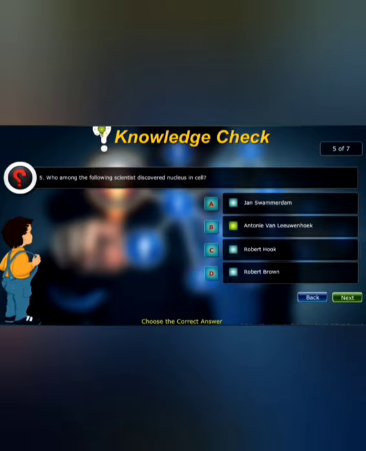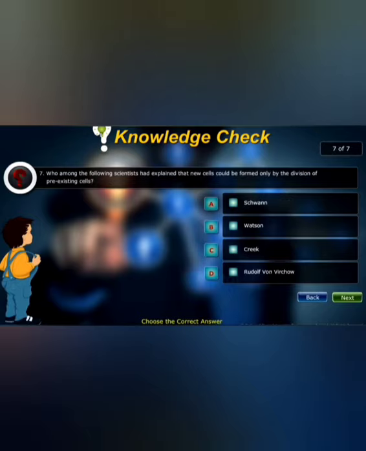Who among the following scientists formulated the cell theory? Option A. Schleiden and Schwann. Option B. Schwann and Watson. Option C. Watson and Crick. Option D. Schleiden and Watson.